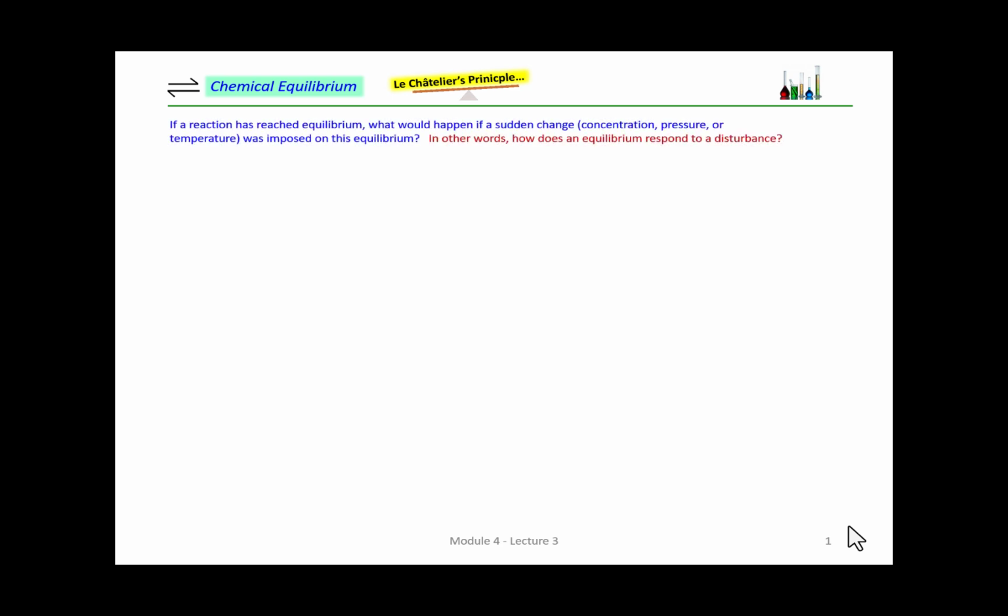Now, if a reaction has reached equilibrium, one might ask the question, what would happen if a sudden change, like a change in concentration, pressure, or temperature, was imposed on this equilibrium? In other words, how does an equilibrium respond to a disturbance?